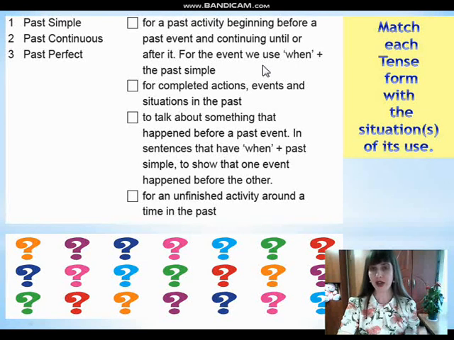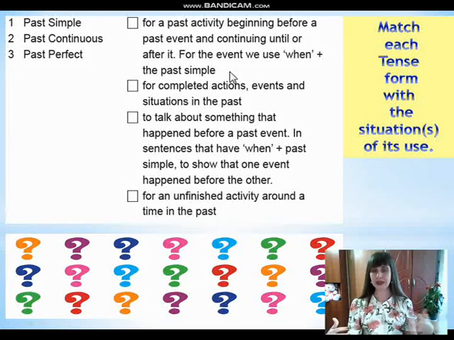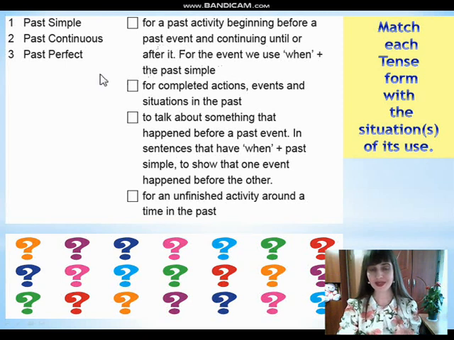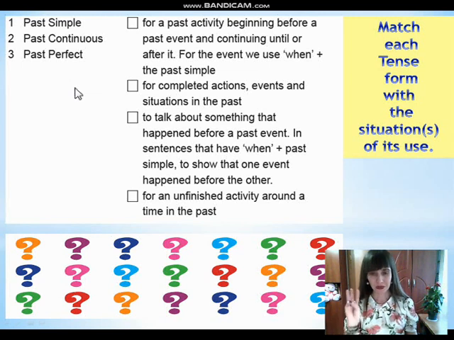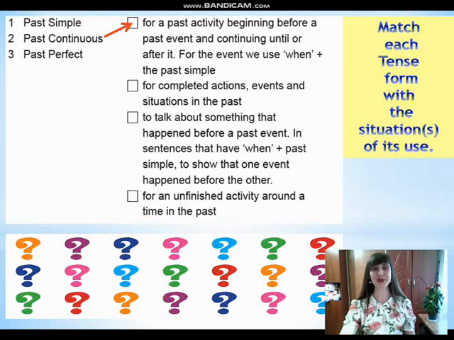For the event, we use when plus the past simple. So let's think. What grammar tense is this? Past simple, past continuous, past perfect. 3, 2, 1. Woohoo! That is the past continuous tense. If you thought about this, so that's great.